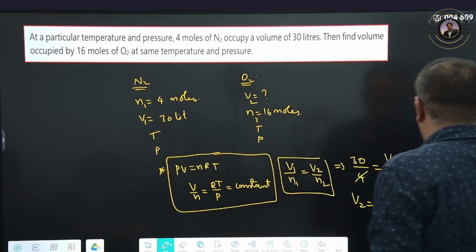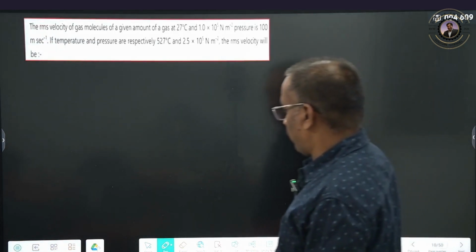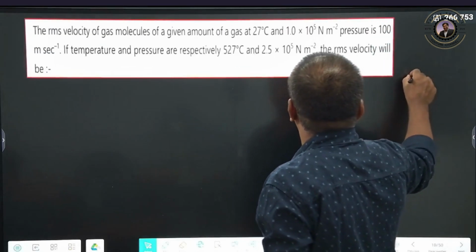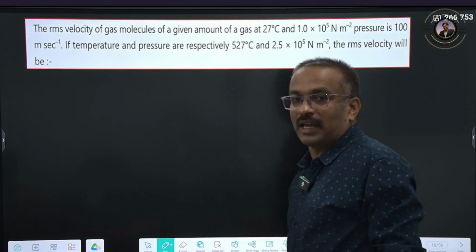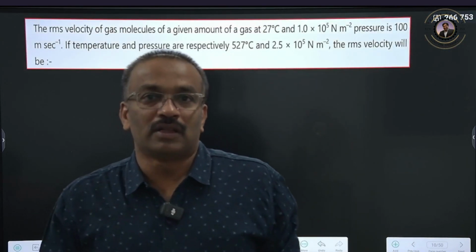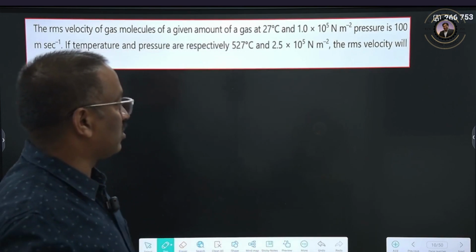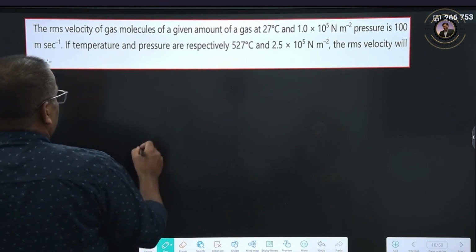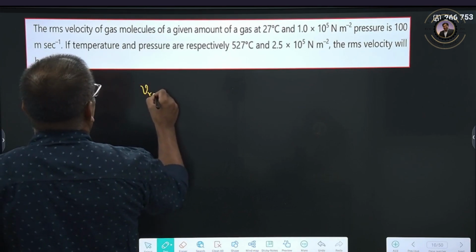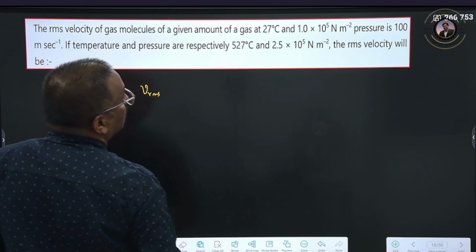Now let us see one more question. This type of question is frequently asked in the examination, because the students get confused.